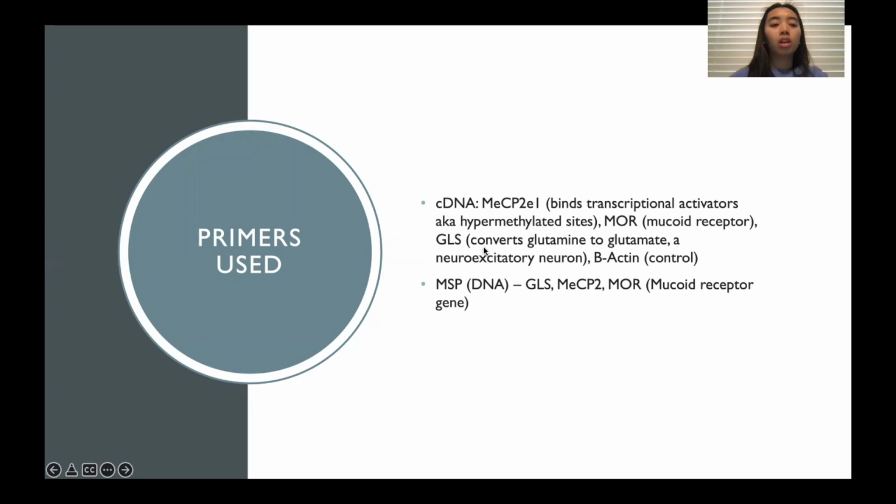GLS is a gene that, when transcribed, becomes able to convert glutamine to glutamate, which is neuroexcitatory. We were using that to see if inflammatory bowel disease causes an increase of this, which would indicate more synapses for pain stimulation. For the DNA, the primers we used were GLS, MECP2, and MORE.